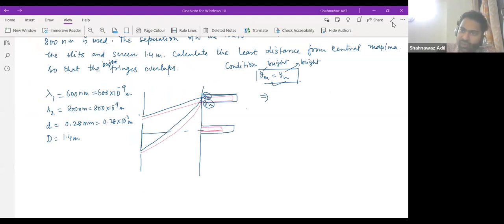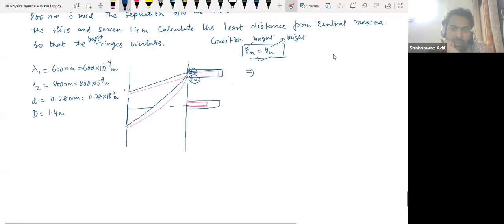So what is the condition for the bright fringe, Aisha? This we have done in the previous question. What is the condition for the bright fringe? Sir, can you please repeat? Yeah. So what is the condition for the bright fringe?